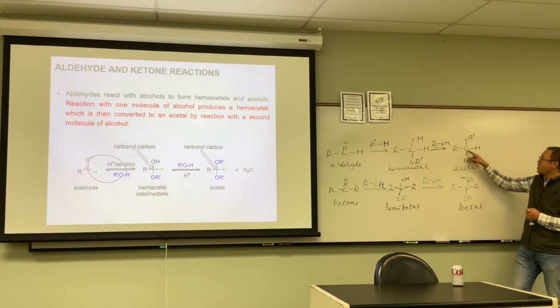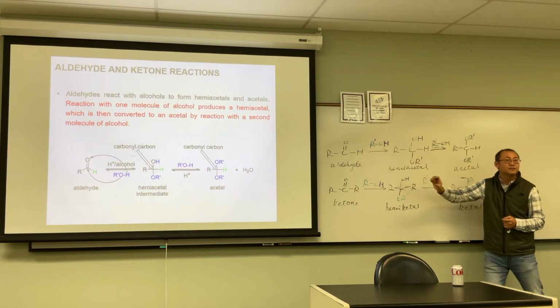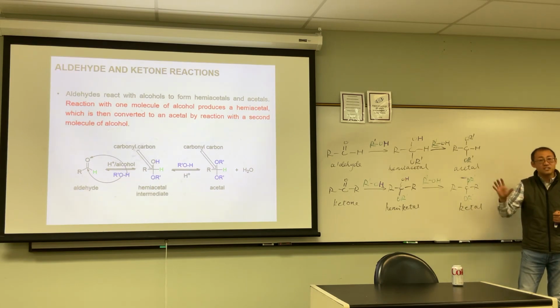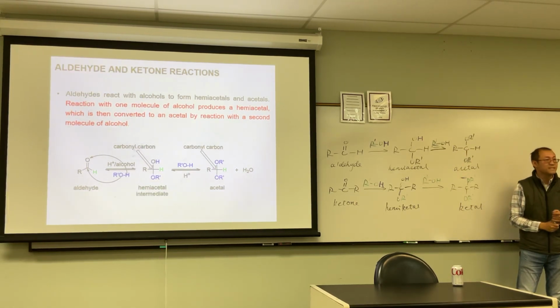All four of them have a carbon single bonded with two oxygens. Again, this is a very unique structure. You won't see it anywhere else. That's how you see, oh, I see a carbon single bonded with two oxygens. Then that means they're either acetals or ketals. Does it make sense? That's how we recognize them.